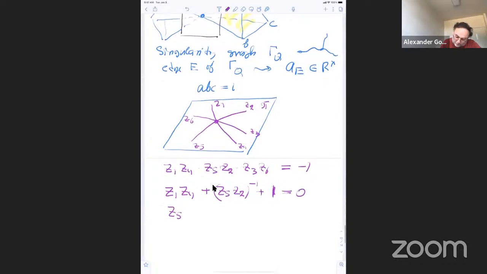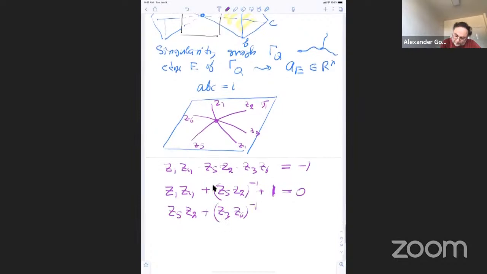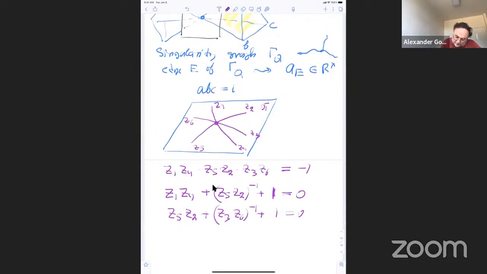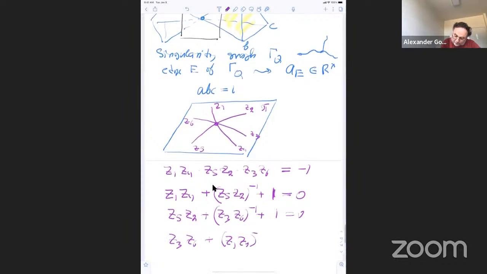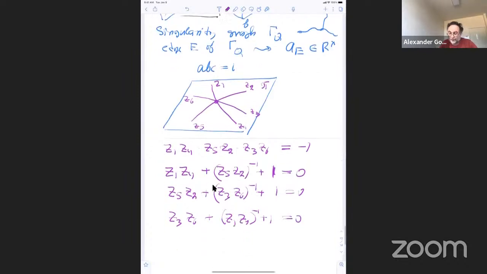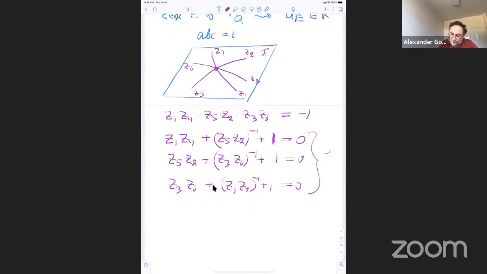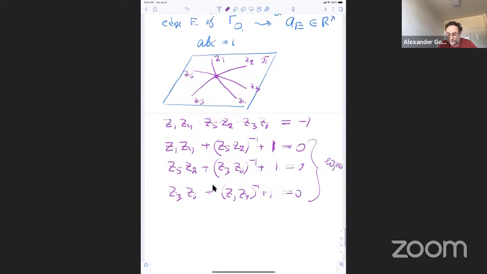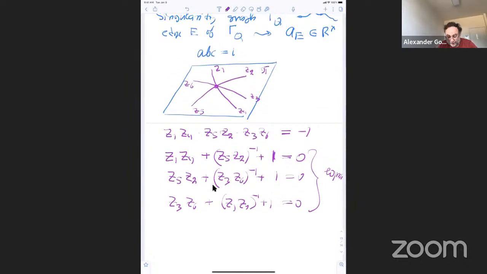Cyclic means that you put Z5, Z2 plus Z3, Z6 inverse plus 1 equals 0, and Z3, Z6 plus Z1, Z4 inverse plus 1 equals 0. And it turns out that all these equations are equivalent. Just one of them is enough, if you have the monomial one. And so that's it.